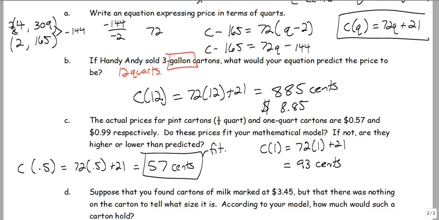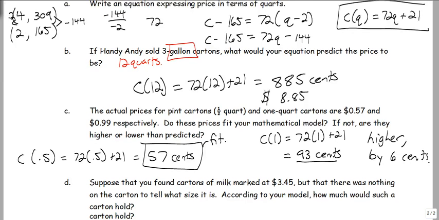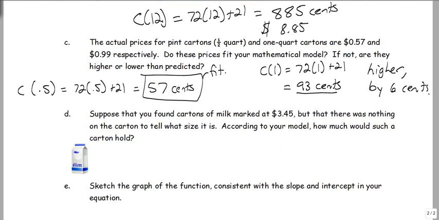No. Are they higher or lower than predicted? We predicted to be 93, so for 1 quart they're higher by 7, or not by 7, by 6 cents. Okay. So I just used my information to do that, and then solved.